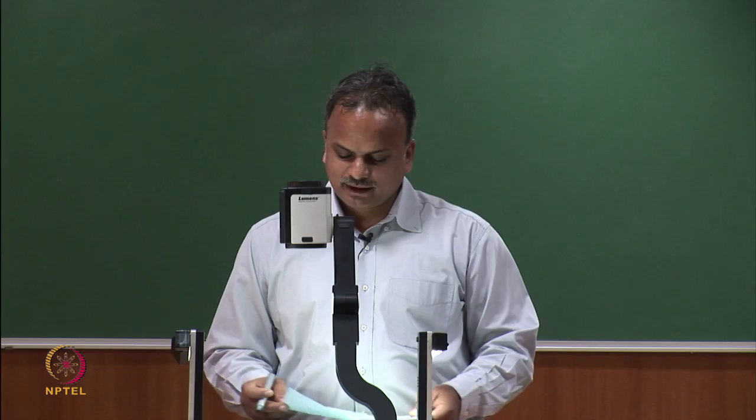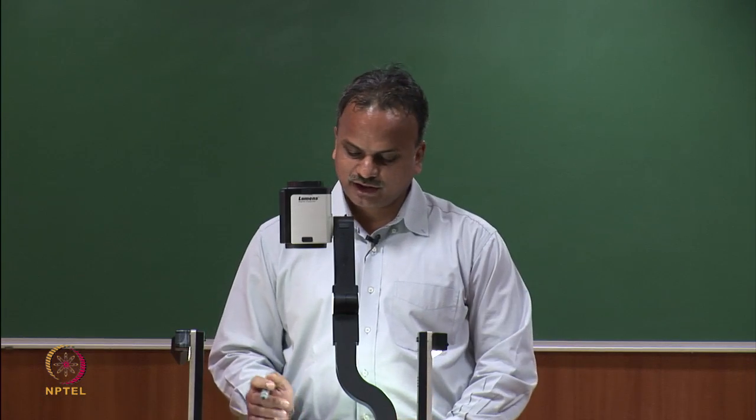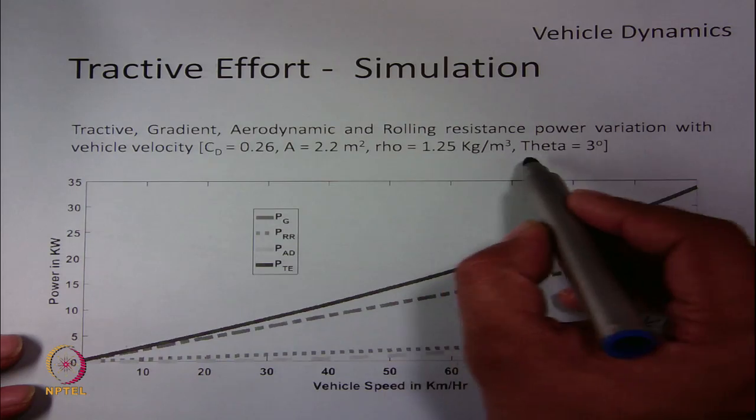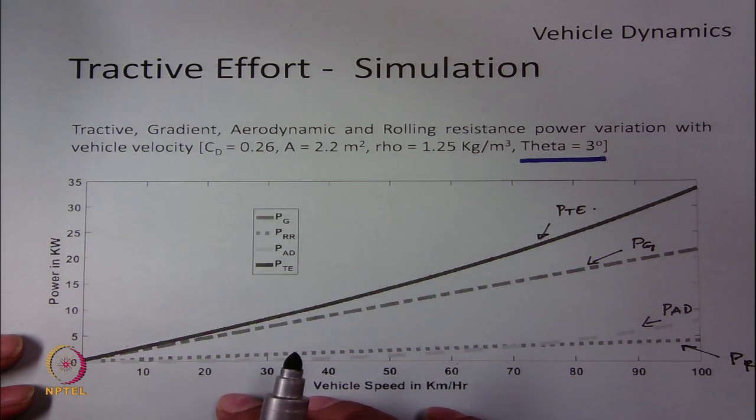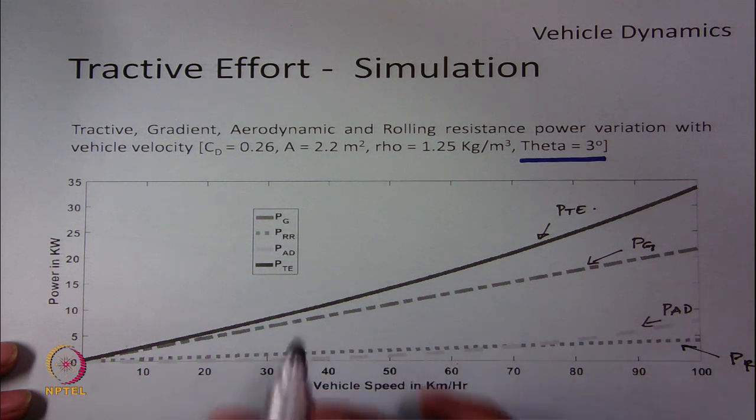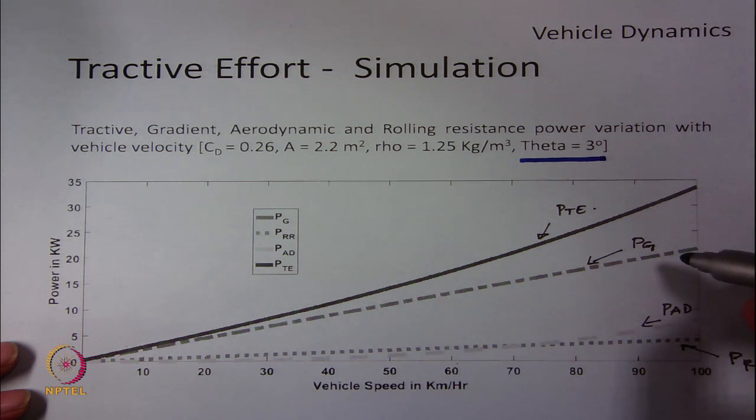So, let us see the similar result when we are operating at a theta of 3 degrees. Let us say the vehicle is moving on a slope of 3 degrees, and we are operating the vehicle at different speeds. In this case, the only variation will be in terms of gradient power.